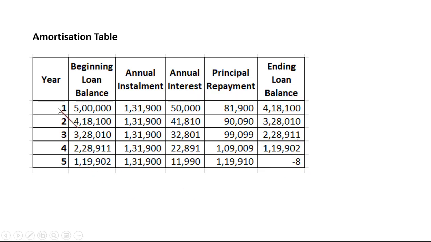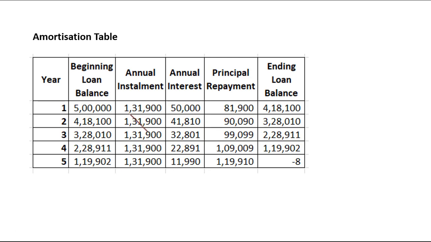So for the first year, the beginning loan balance is 5 lakh rupees. That is the present value. That is the principal that we are going to get. The annual installment is 1,31,900. The interest was 10% per annum. So we are calculating the interest on this 5 lakh, which gives us 50,000 for the first year.